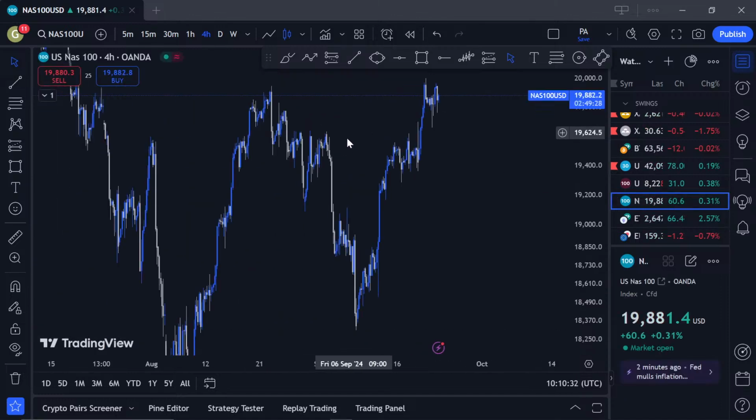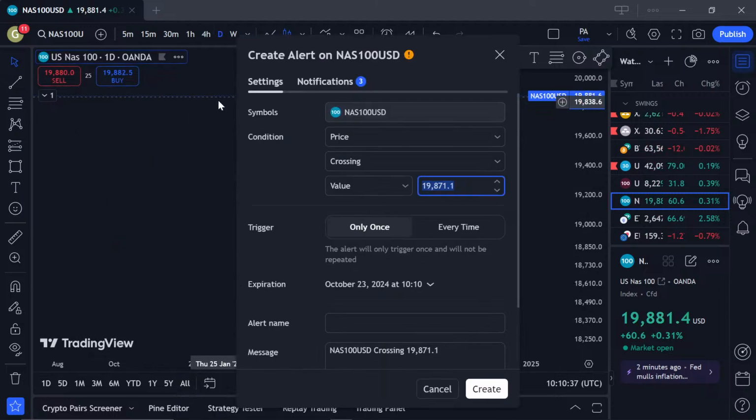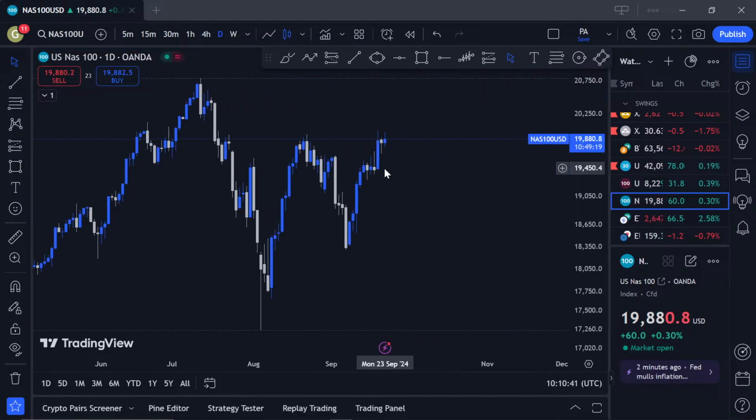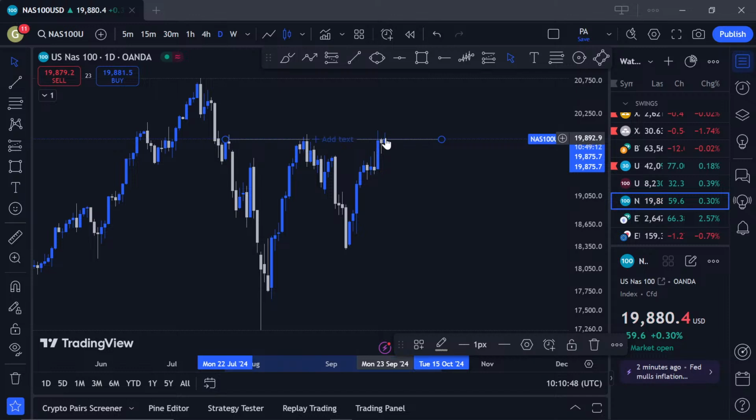So this is NAS 100, which is US 100, also known as US Tech. Now US Tech is simply sitting at what we call, should this be top 1, top 2, probably top 3, a triple top pattern.